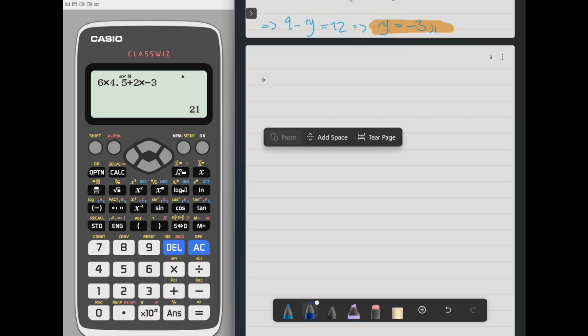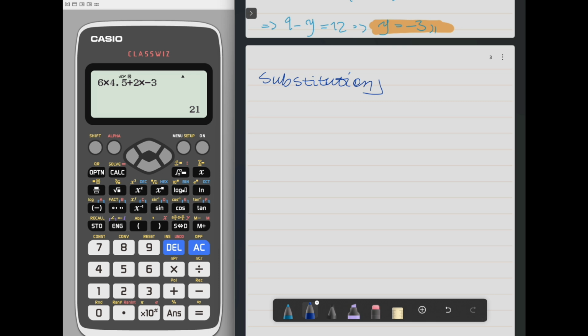So as for substitution, okay, the question was 2x minus y equal to 12 and 6x plus 2y equal to 21. Here I can make y the subject of the equation very easily, right? By putting y here and bringing 12 here. Y will be equal to 2x minus 12.